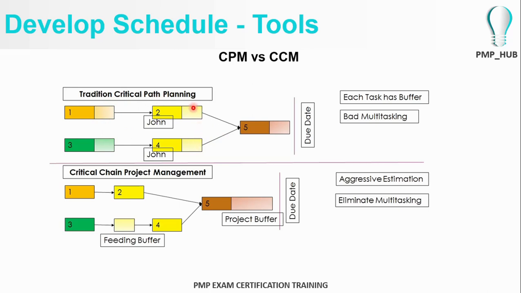We learned earlier in the estimating duration process where the contingency reserves are made. So under the critical path planning method, contingency reserves are made for each and every activity. So there will be a contingency reserve for each and every activity of the project schedule.